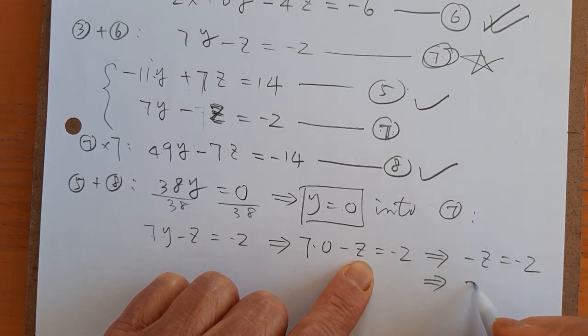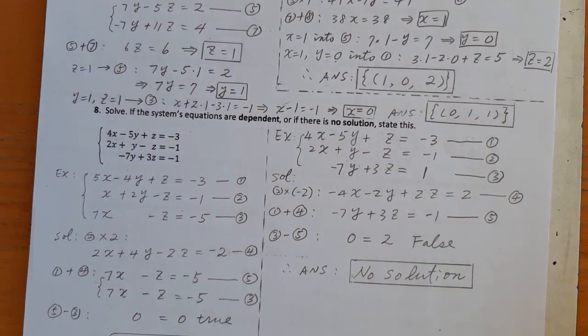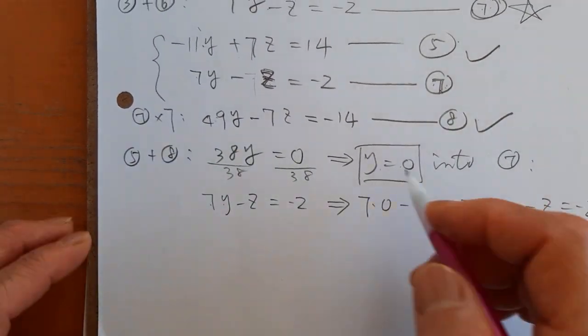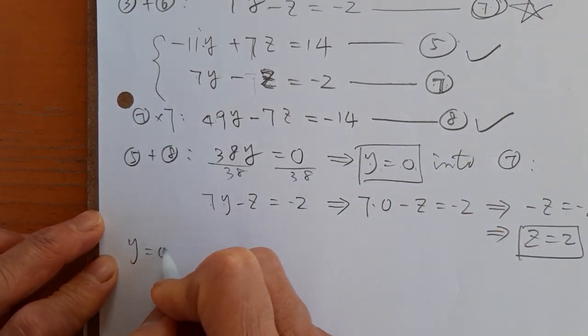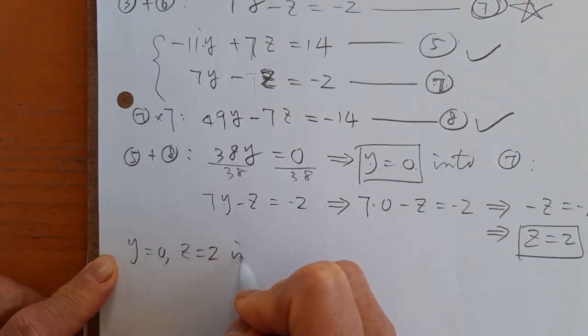Then multiplying both sides by negative, z equals 2. So we have y equals 0 and z equals 2.